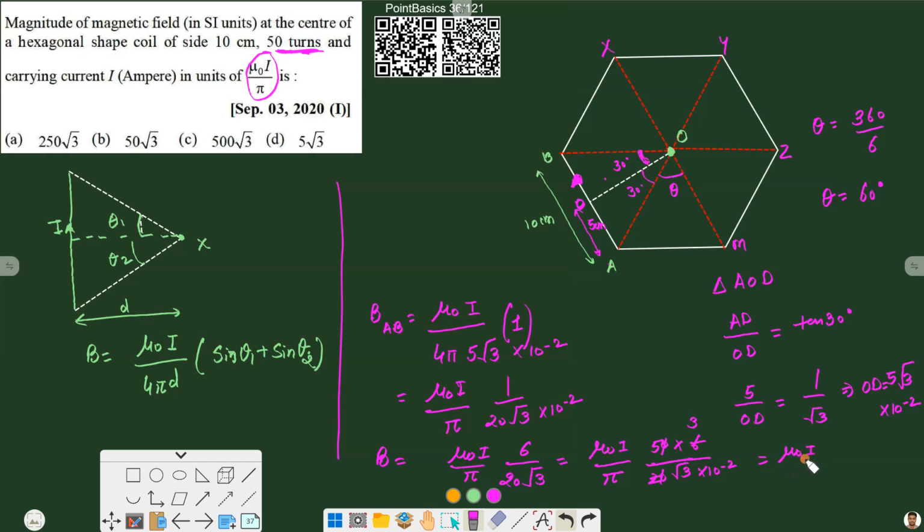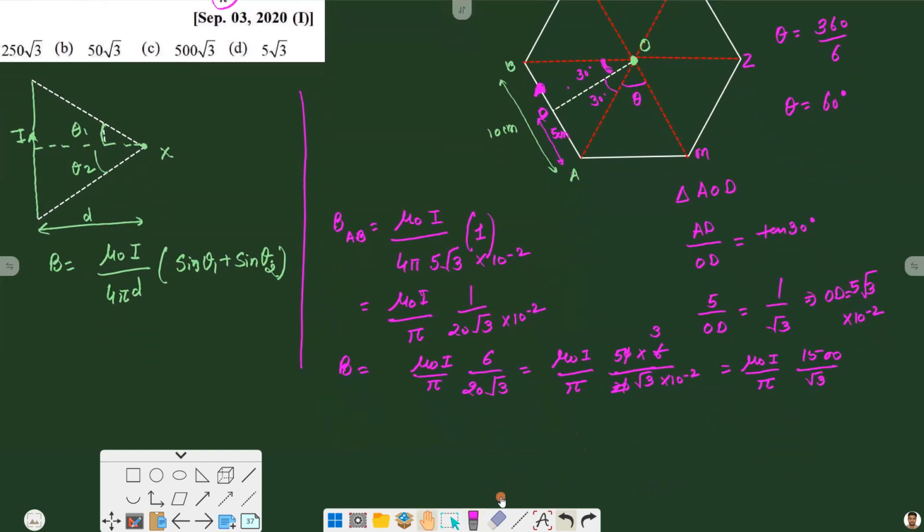So it will become 15 mu naught I by pi, 15 into 100, 1500 by root 3. And we can further simplify it by multiplying and dividing by root 3.